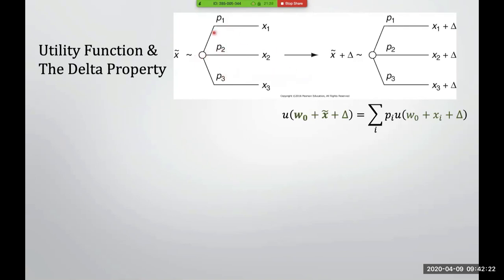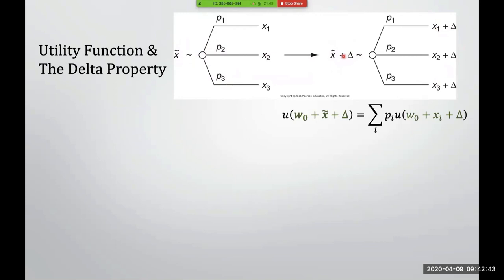Initially, this uncertain deal has a certainty equivalent of x tilde. If we add delta dollars to all the prizes of the uncertain deal, then the certainty equivalent should go through the same amount of change. This is the definition of a delta person.